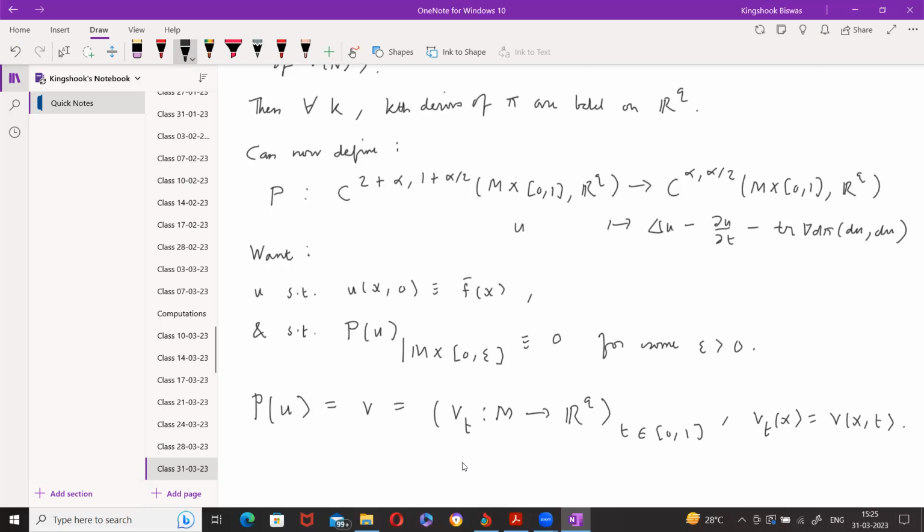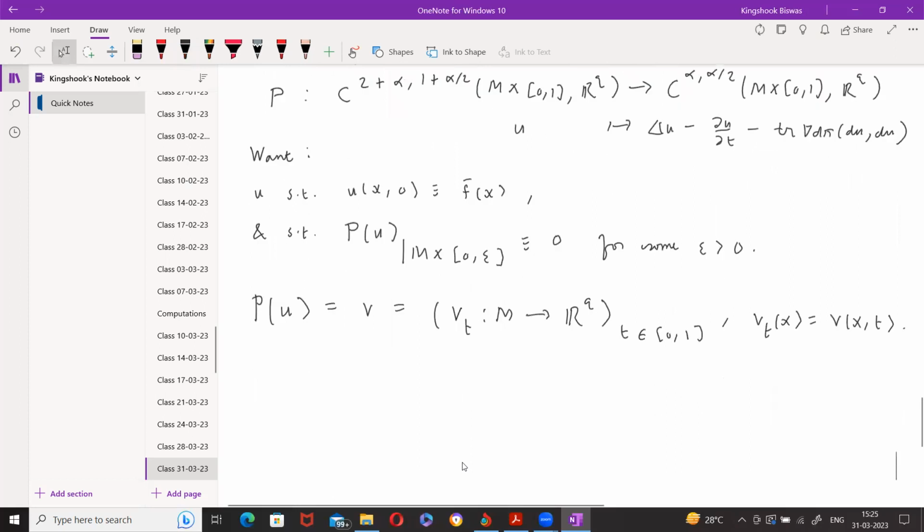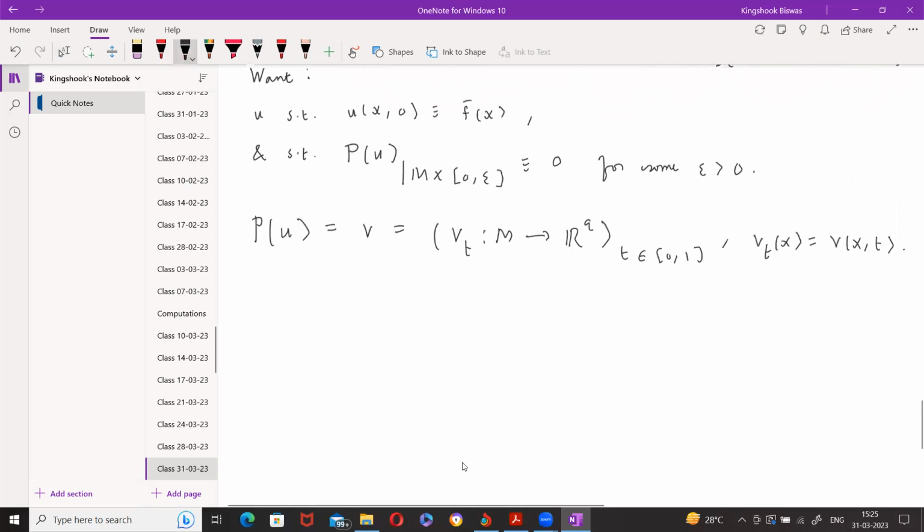So here is my time variable. And in the space variable, these are going to be alpha Holder.